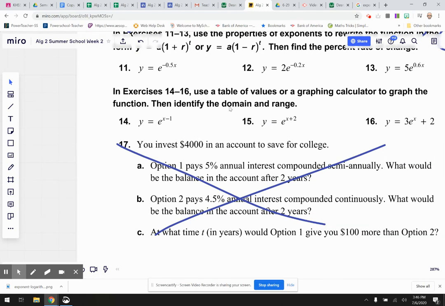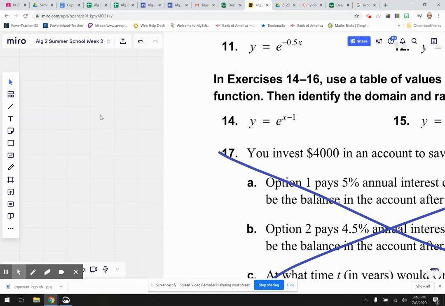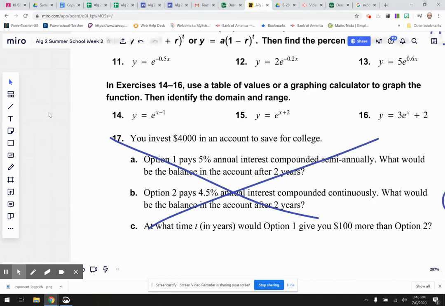So what it wants to know is identify the domain and range. Domain is your x numbers. So over here I'm going to put domain and I'll put x next to it.